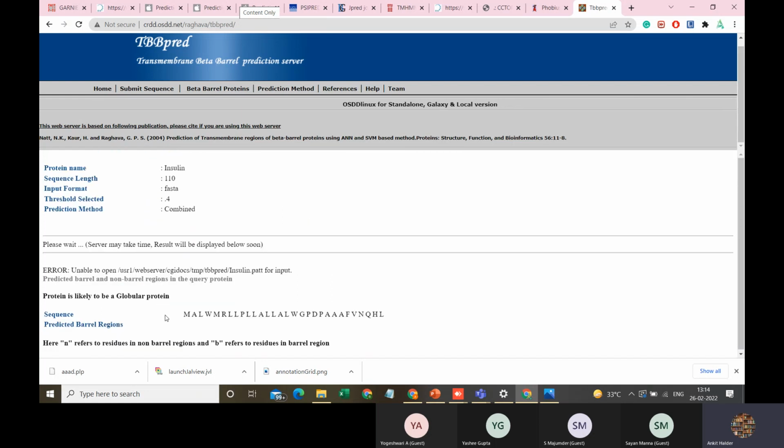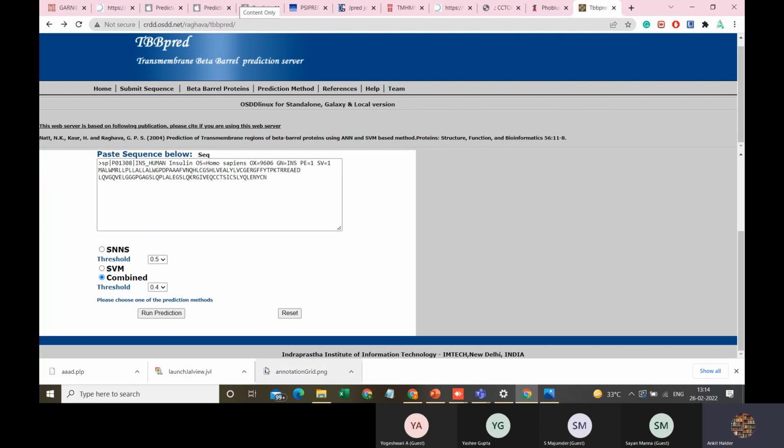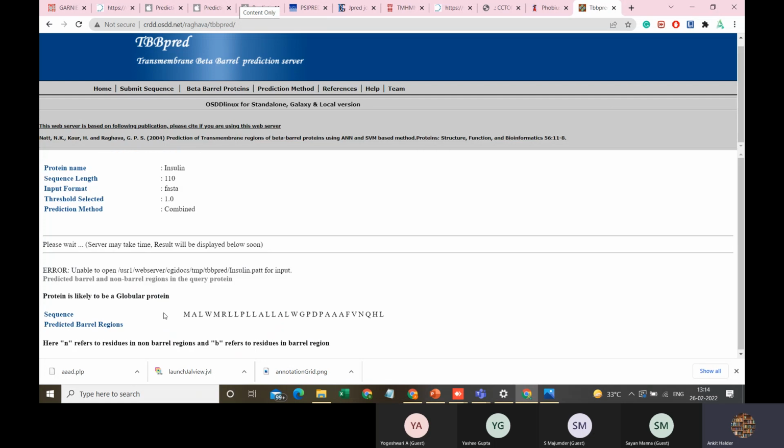If we run, it is also predicting a globular protein. So it was definitely not what we wanted, but still, just to see how much it can predict. You can try out different methods to identify using different thresholds and different algorithms as well.